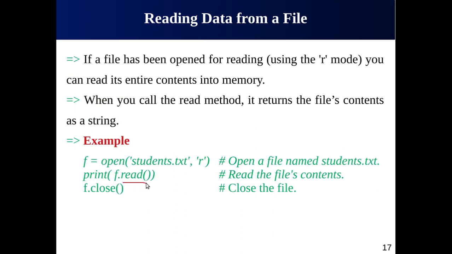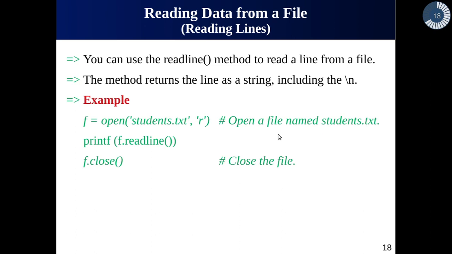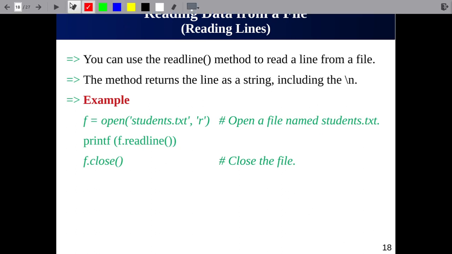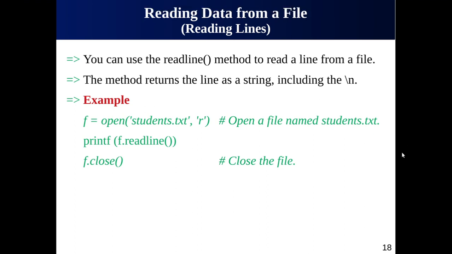Okay, this read method will actually read the whole contents of the file. Sometimes we are interested to read only a single line from the file, and that is possible with the help of readline method. Actually, this method will display the content of the first line. So in Python, you can use the readline method to read a line from a file.